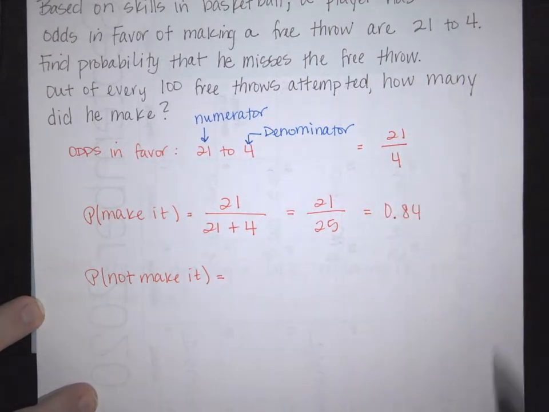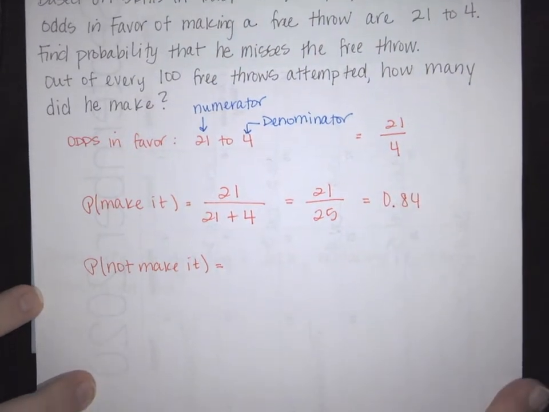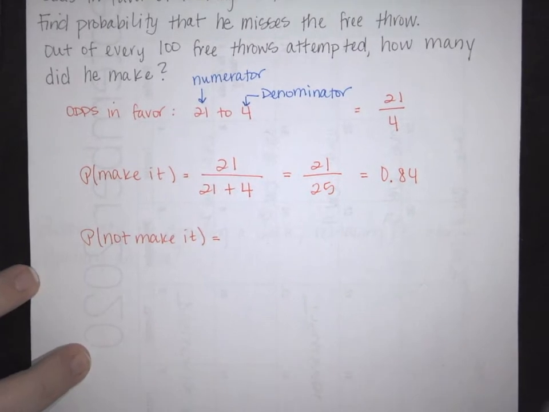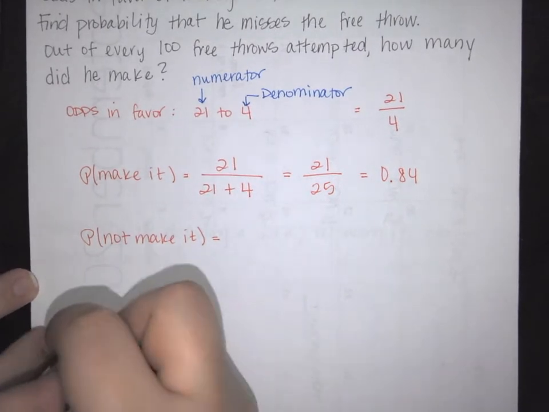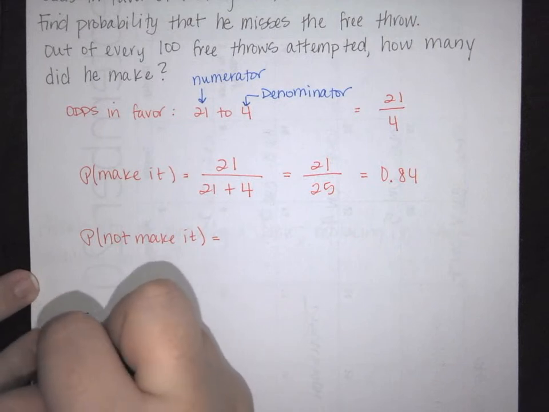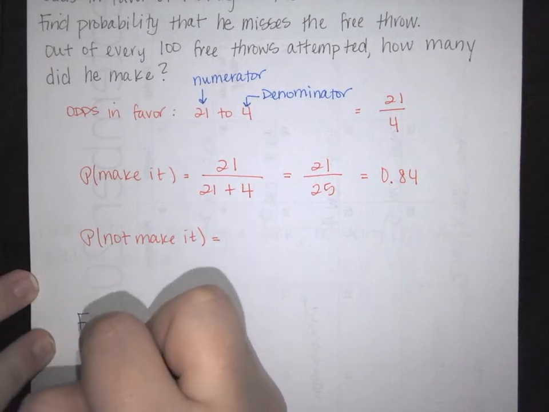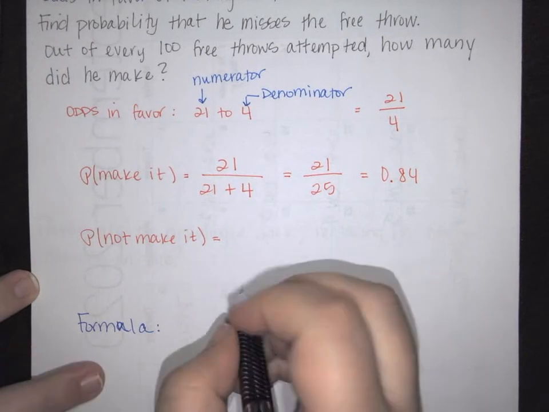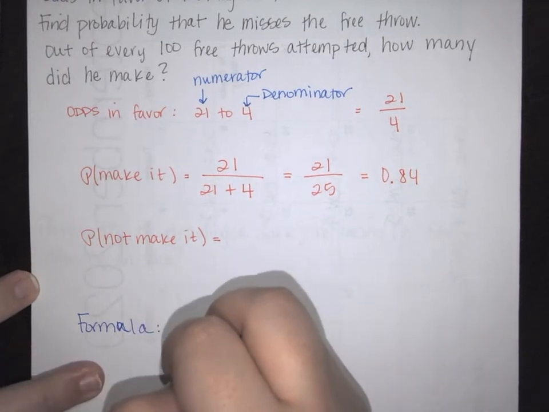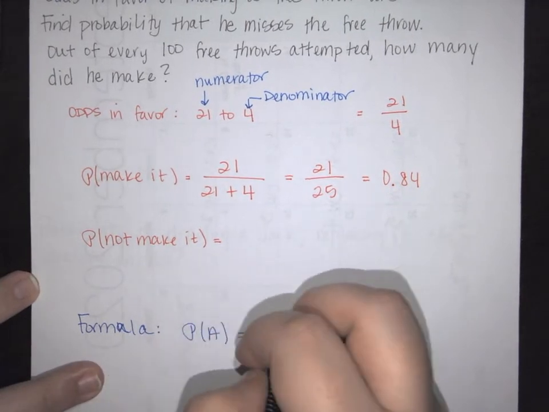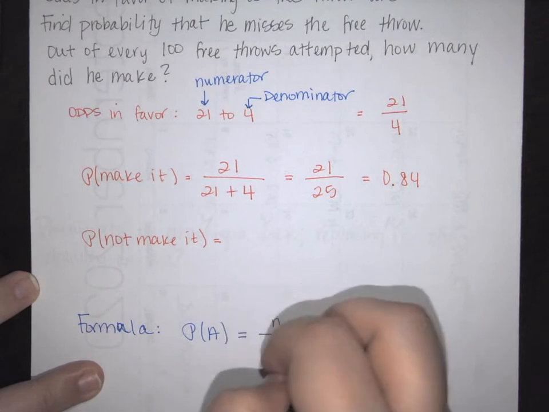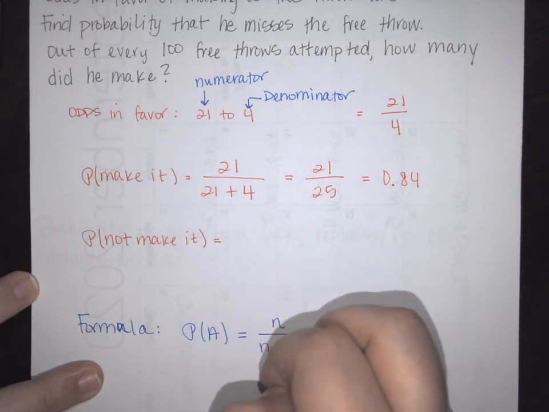What that comes from is a formula. The formula that we're looking at is the following: the probability of an event occurring is n over n plus m.